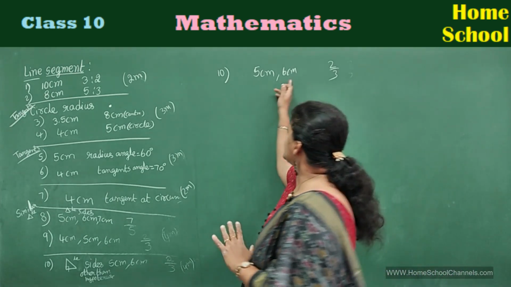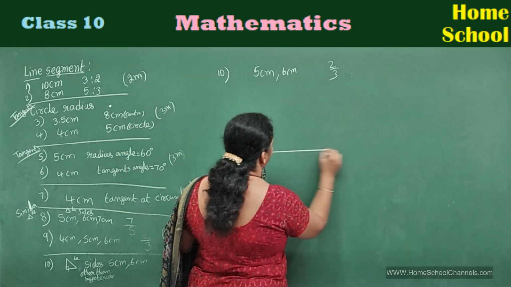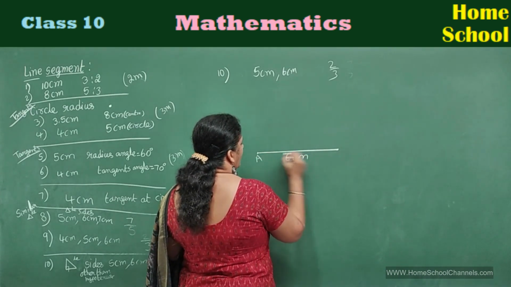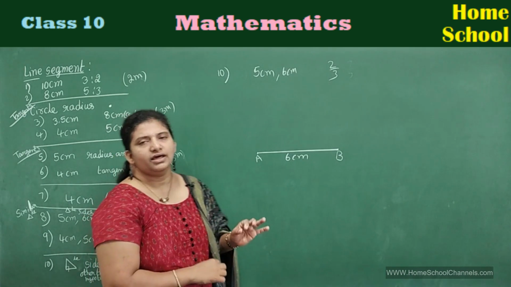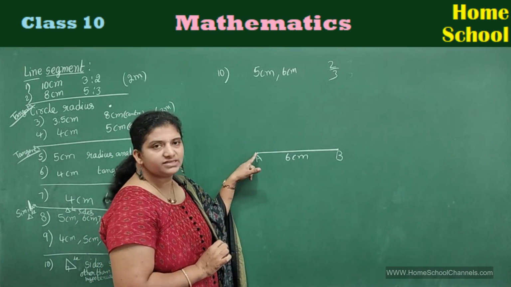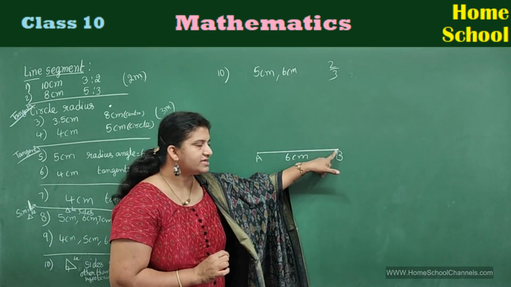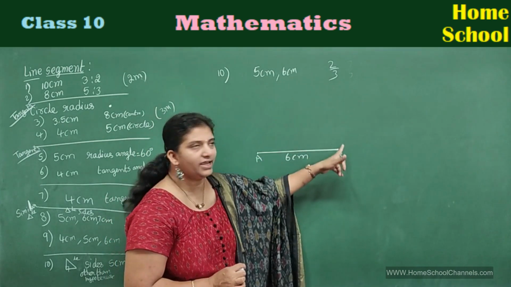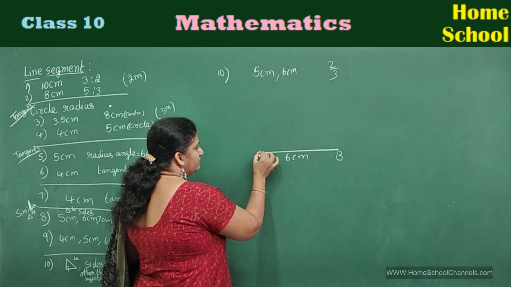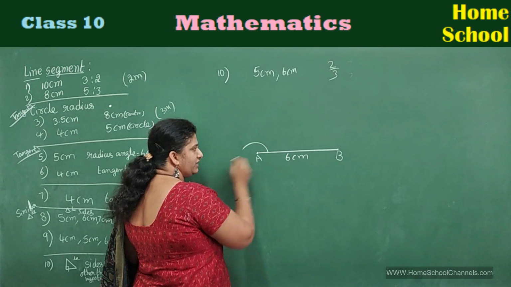First, 5 and 6, which is greater? 6 is greater, right? So, draw a line segment of length 6 centimeters and mark this AB. Right triangle means one angle is 90 degrees. If I take this point as the right angle, this side and this side I know. We'll do 90 degrees, children.